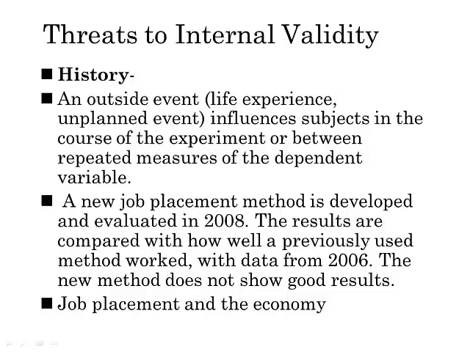So the results from 2006 wouldn't really be comparable with the results in 2008. So this is an example of something external to the experiment, some unplanned event that resulted in fewer people getting hired despite our new job placement method, and so it affected the results of our experiment. So that's an example of history as a threat to internal validity. And now we can't say with confidence that our method is better or worse because the outside conditions are so much different.